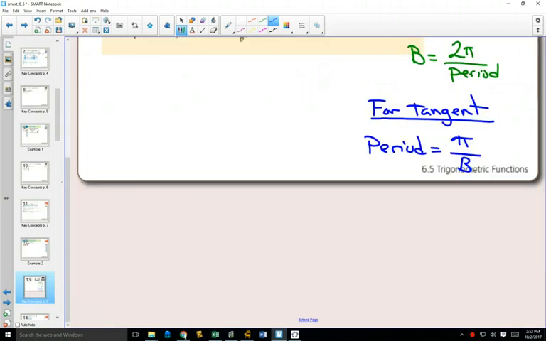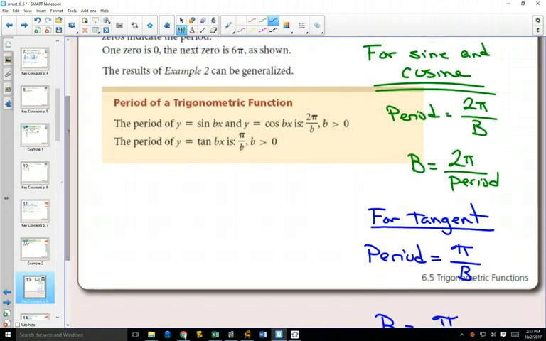And similarly, you could rearrange that to get b by itself and get pi over the period. Yes? The b value is whatever is inside.